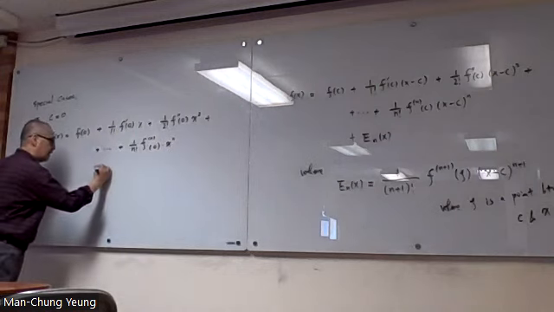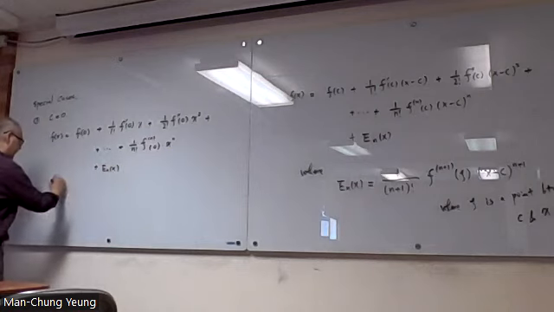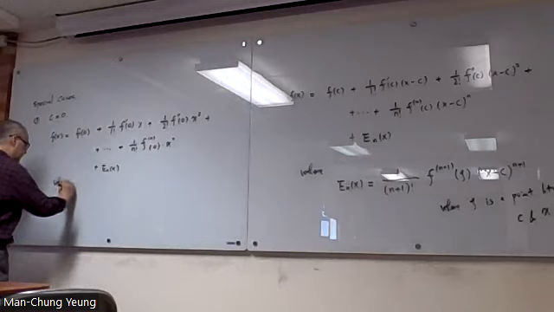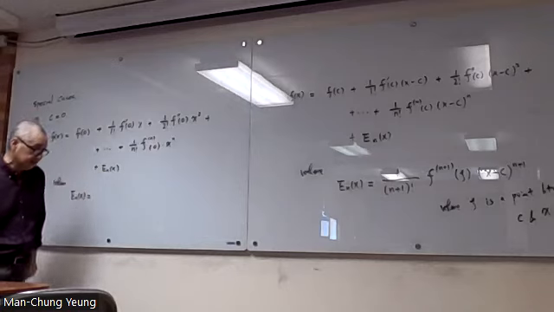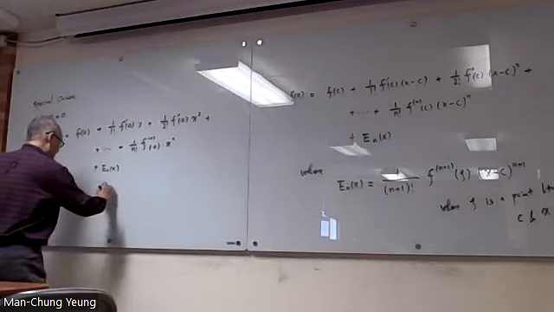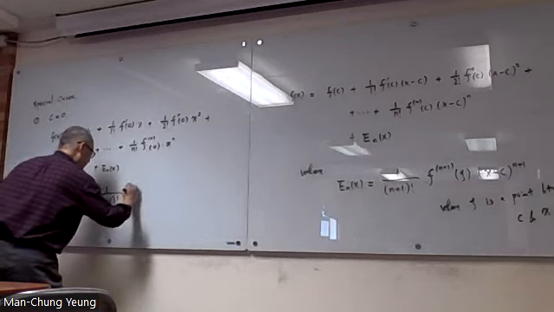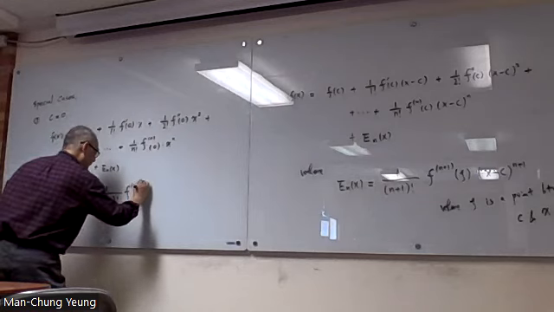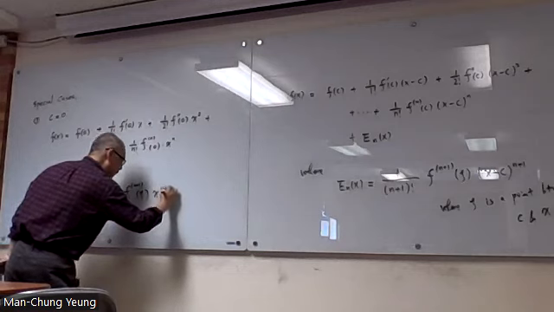Then plus the error term, where the error term is, since c is 0, 1 over (n plus 1) factorial times f^(n+1)(psi) times x to the n plus 1.